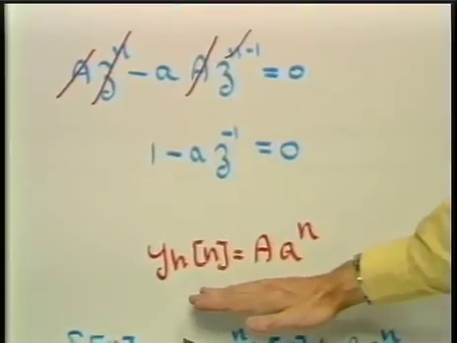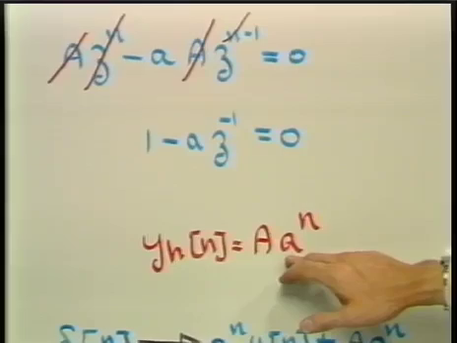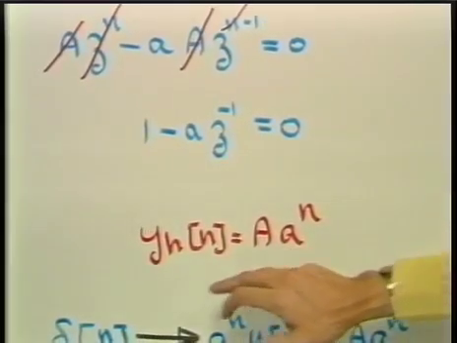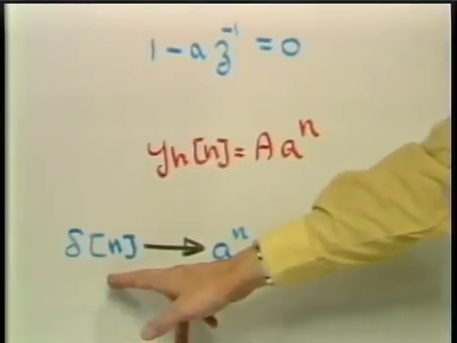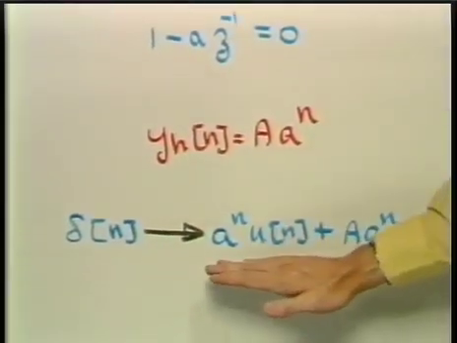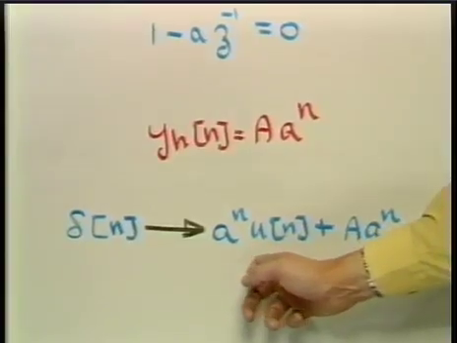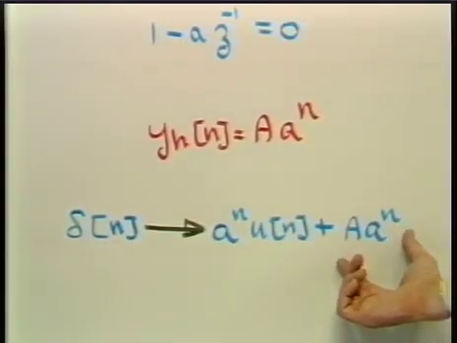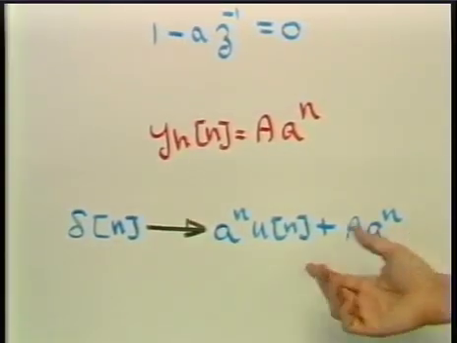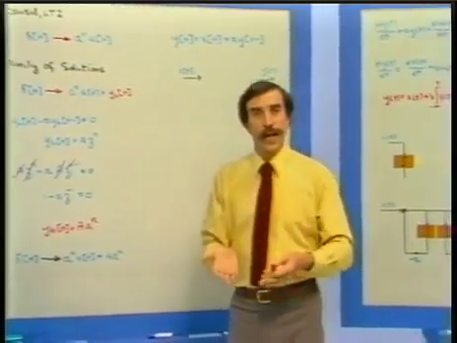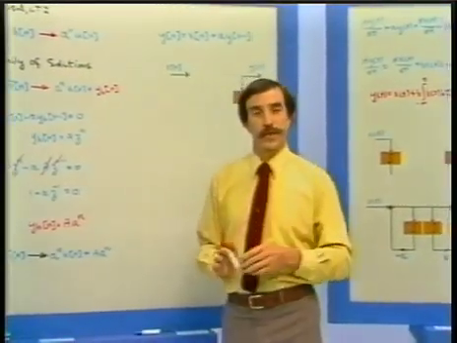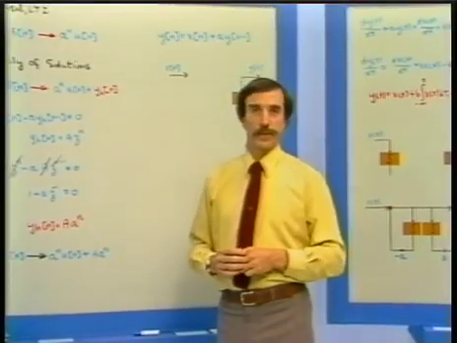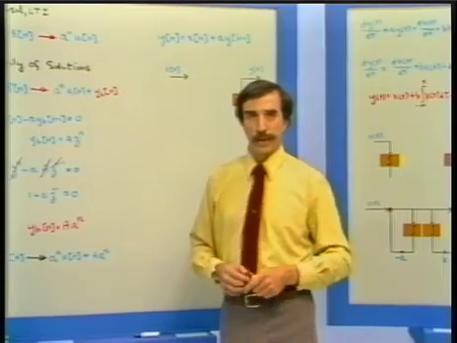So the homogeneous solution then is any exponential of this form with any amplitude factor, and so the family of solutions with an impulse input is the solution corresponding to the system being causal, linear, and time invariant plus the homogeneous term. If we impose causality, linearity, and time invariance on the system, then of course that additional exponential factor will be 0. In other words, capital A is equal to 0.